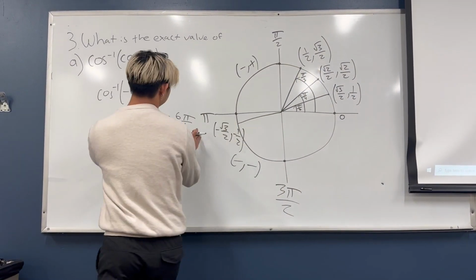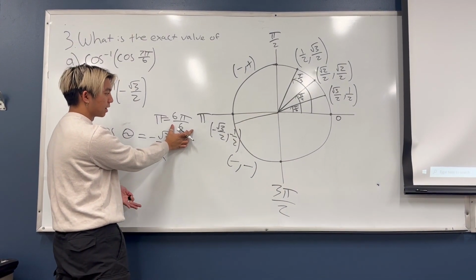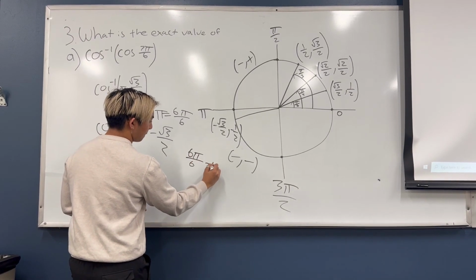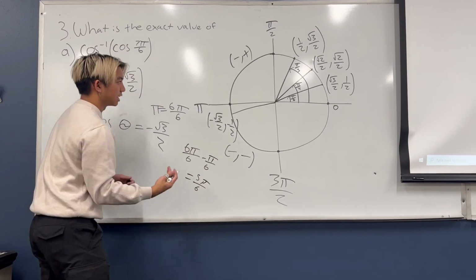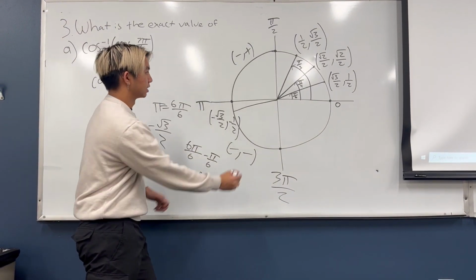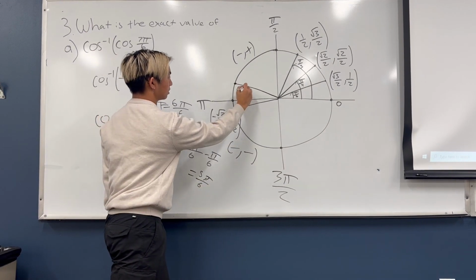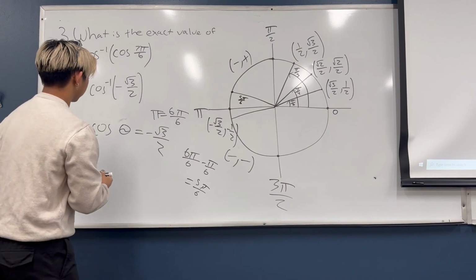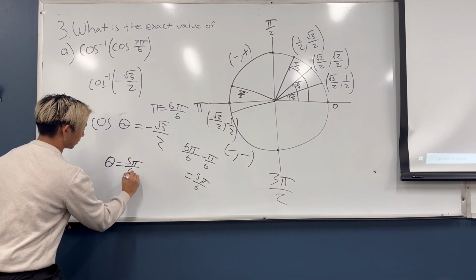Pi is the same thing as 6 pi over 6, so 6 pi over 6 minus pi over 6 leaves us with 5 pi over 6. That's our angle in quadrant 2. This is 5 pi over 6, and so our answer here is 5 pi over 6.